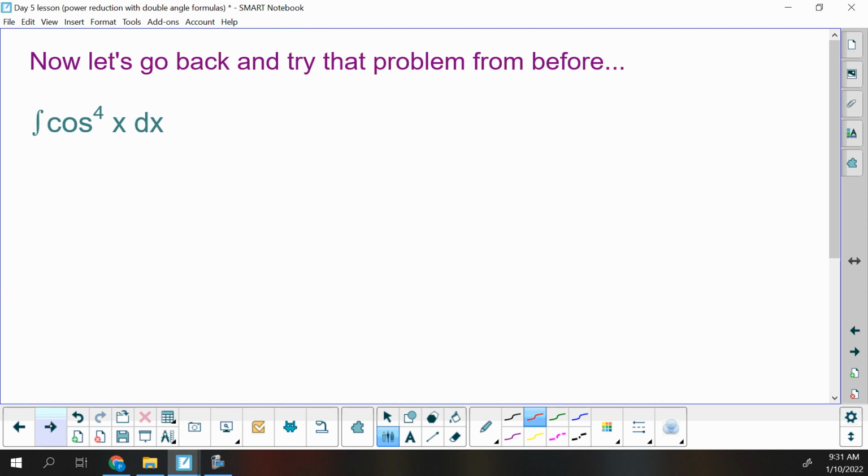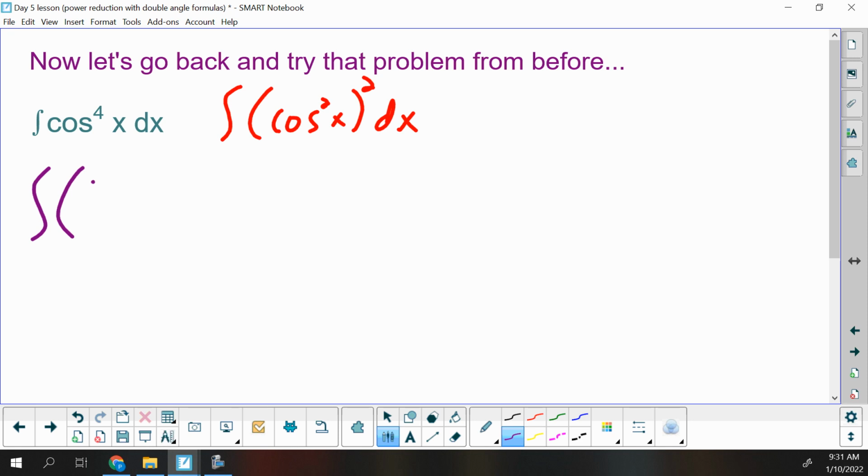So if we go back to that same problem that we did before, this is the same as saying cos squared x, squared. Well, we just saw a replacement for cos squared. So we can write this integral.